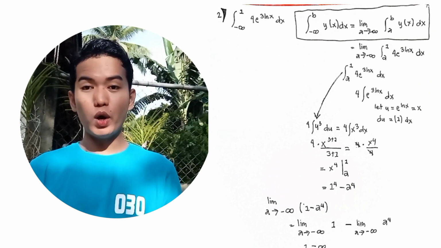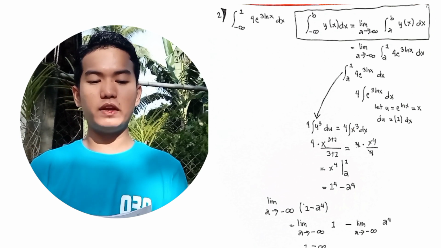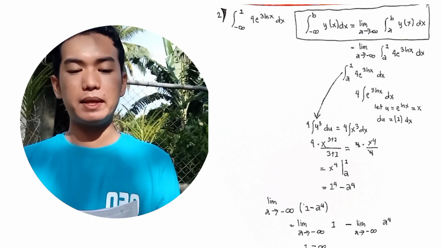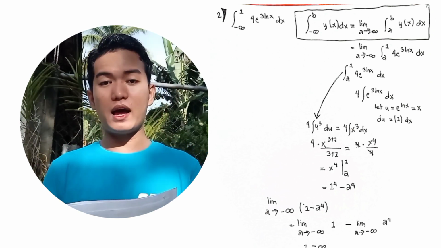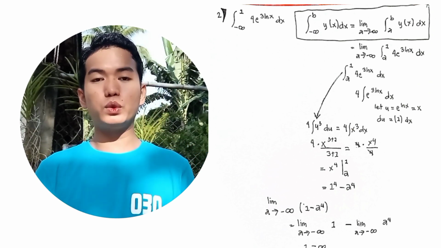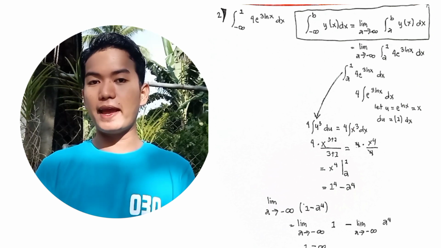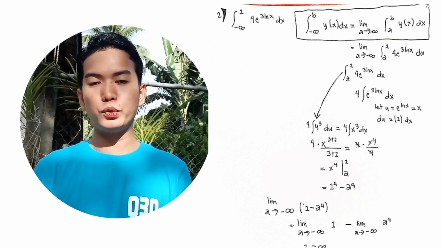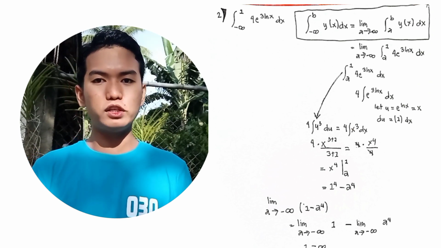Now in number 2, I am asked to evaluate the integral with lower limit negative infinity and upper limit 1 of 4e to the 3 ln x dx. Firstly, we have to identify what formula to use. In this case, we use case number 2 because that is the appropriate one for this equation.